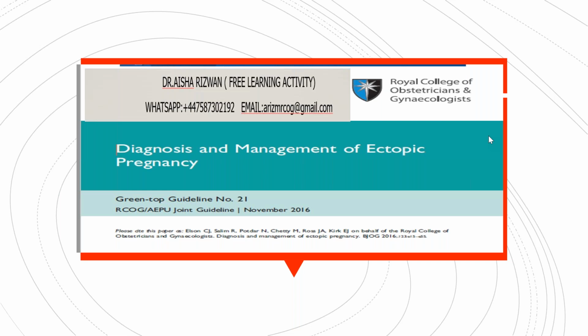So if you did TVS and didn't reach any diagnosis, then what should be done? Then you can go for MRI. Now you should be asking me, what is the interstitial line sign? Basically, the interstitial line sign is a thin echogenic line extending from the central uterine cavity echo to the periphery of the interstitial sac.